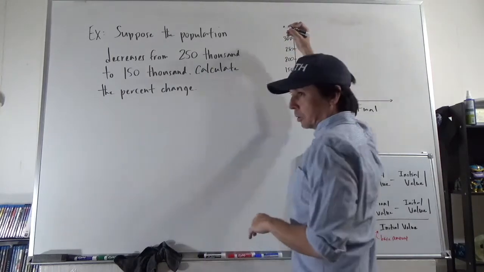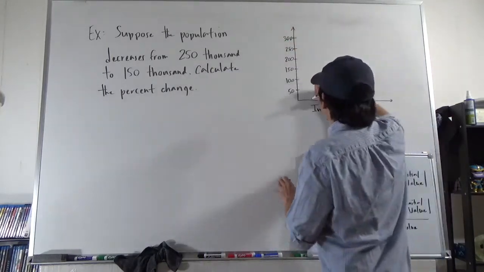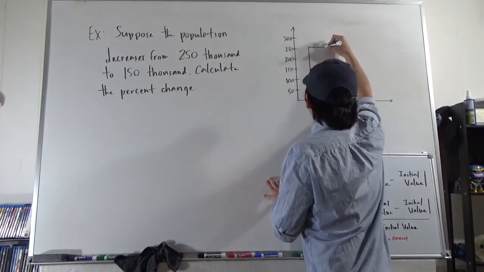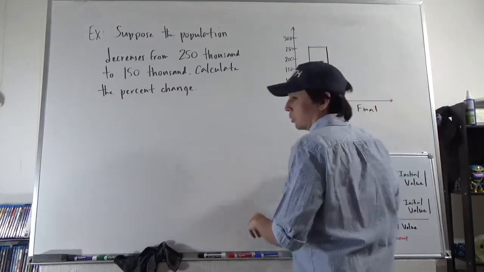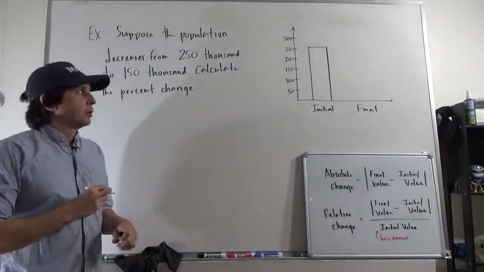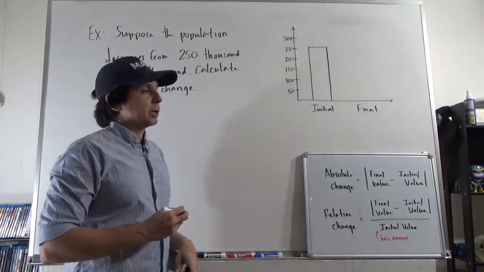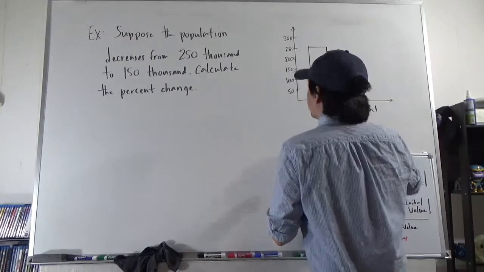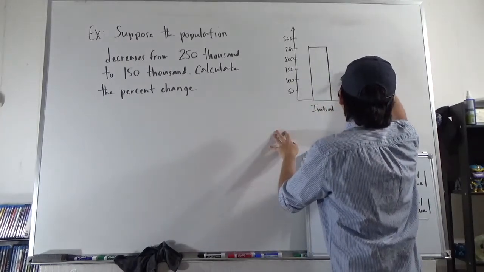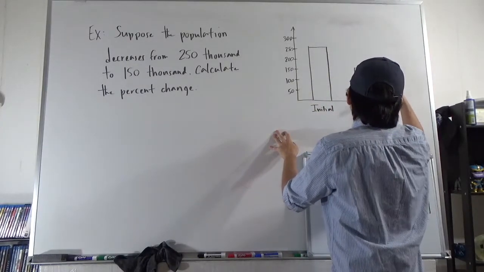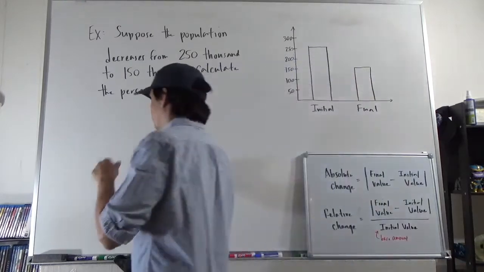I don't know if that's exactly what it looked like, and it was 250, right? So again, this particular problem was designed to do intuitively off the graph by being a very nice 5-chunk candy bar. And then we're going down to 150.